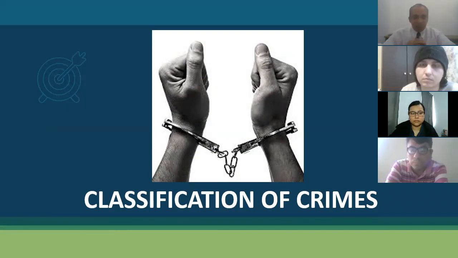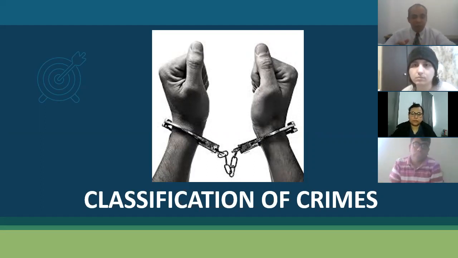For example, a crime like assault, battery, or rape tends to injure another person's body. So it can be classified as a crime against the person. Or it is a crime to injure a person by depriving him or her of property, or by damaging property. It can be classified as a crime against property.